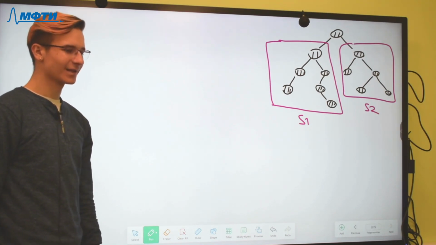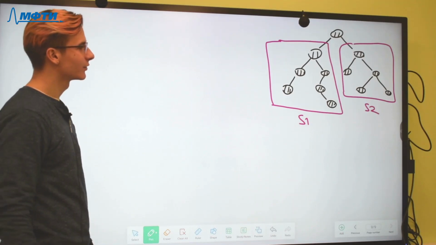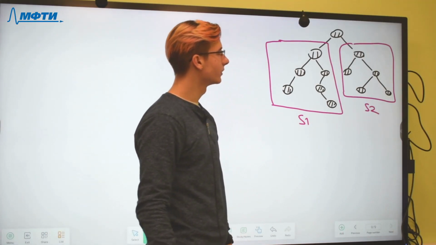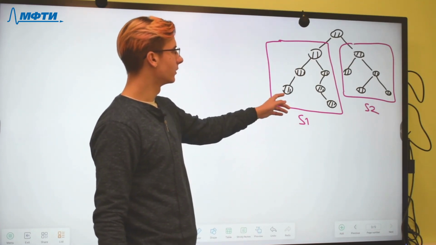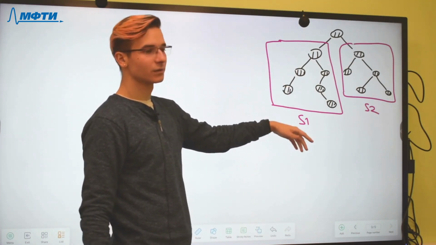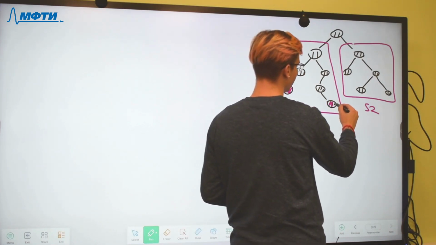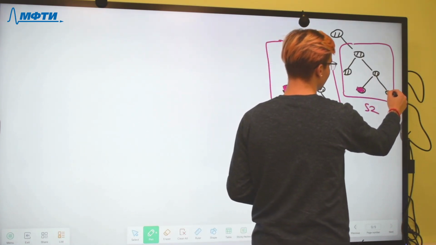But it's not true, because if you try to understand what the return value of this algorithm is, you see that your algorithm returns only the leaves of the tree.